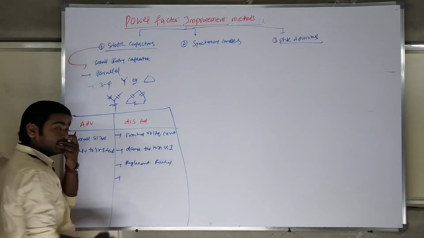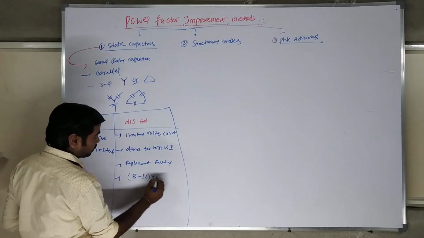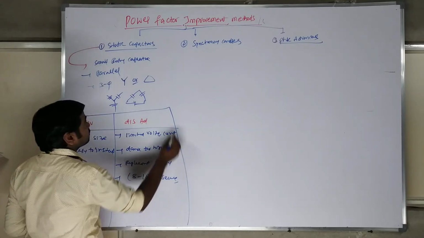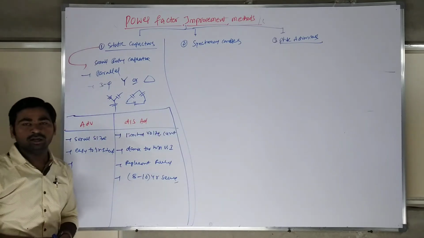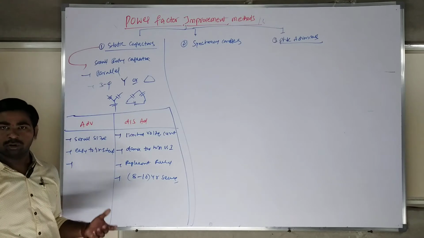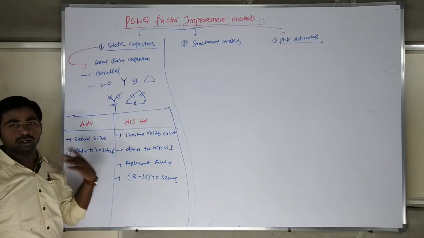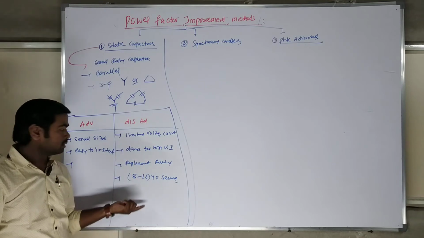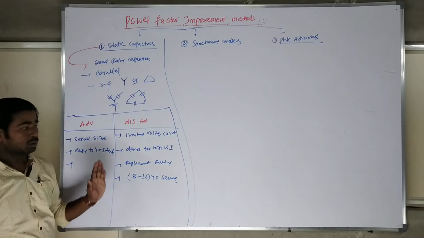They also have a short service life, generally 8 to 10 years. That's why they suit only places with small reactive power requirements and smaller loads. For higher ratings and higher loads they get damaged and have a shorter life, so the applications are limited.